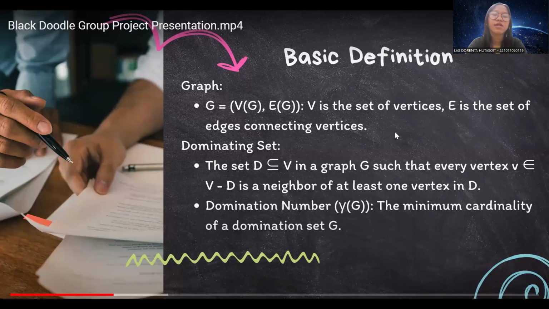A dominating set is a set of points D ⊆ V in a graph G = (V, E) that has the condition that every point v ∈ V \ D is a neighbor to at least one point in D. The domination number γ(G) is the minimum cardinality of a dominating set of G. The study of dominating sets began in the 19th century.